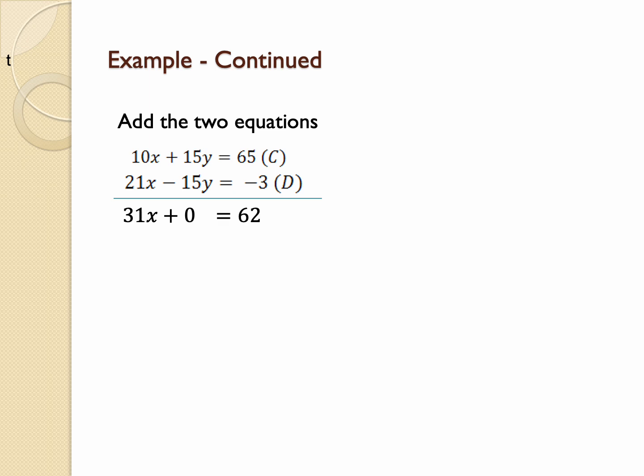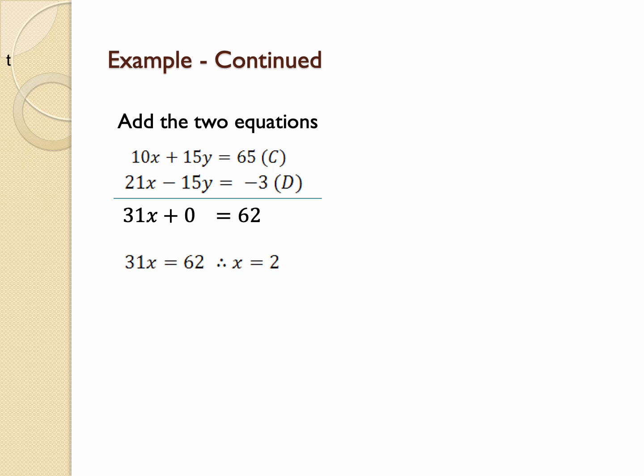We are only left with x in the equation. So we can work it out. 31 times x equals 62. We can figure out x because we can divide both sides by 31. That leaves us with x equals 2. These 3 dots mean therefore. So therefore x equals 2.